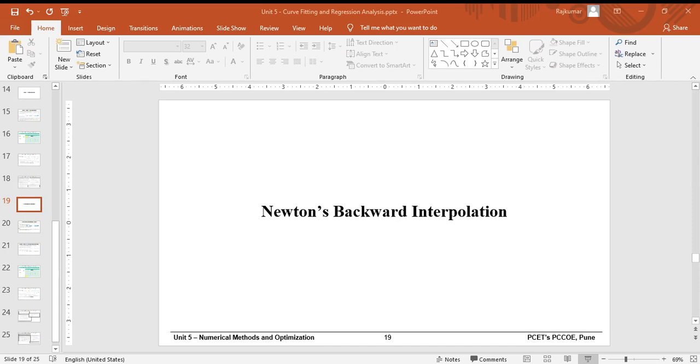Then x naught is 0, so by using the formula you can easily calculate the value of p, which is equal to x. Okay, and why are we keeping it in terms of x only? Because we are told to find the cubic polynomial, so that's why we are not putting the value of 4, we are just keeping that as x and put all the values into the equation.